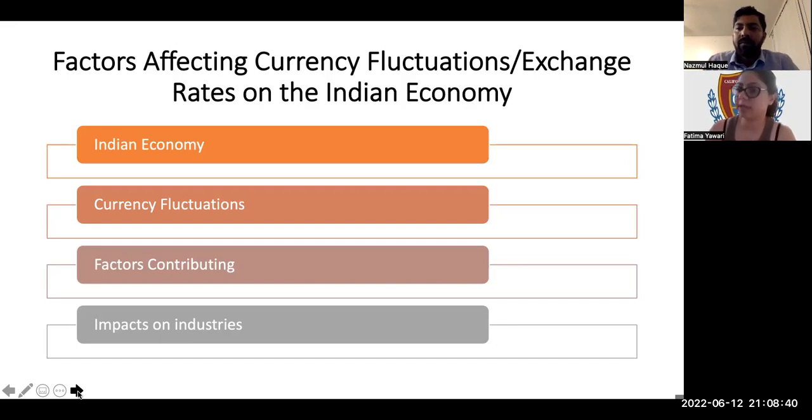It impacts import export, the agricultural industry, and the IT industry. It also impacts small and medium-sized businesses that do imports and exports, like how Nazmul is involved in his family business in exports and imports.